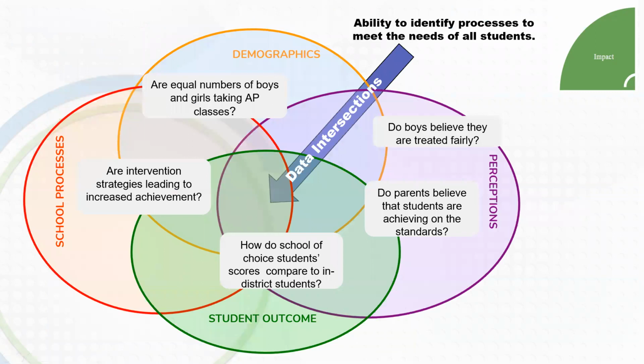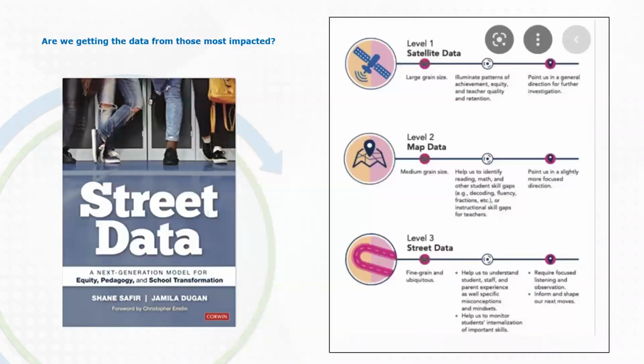This slide shows how a data story, and consequently monitoring, might consider data from 4 types. You'll see outcome, demographic, process, and perception. As a district considers data, it is also encouraged to explore the 3 levels of data as described in the book Street Data. This includes satellite data or large grain size data that typically includes state and national assessments.